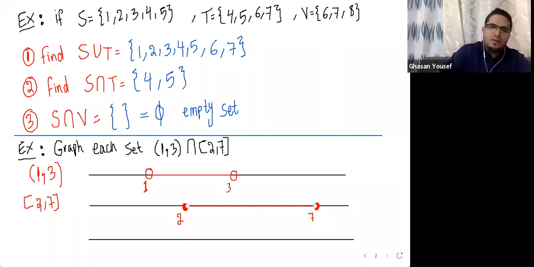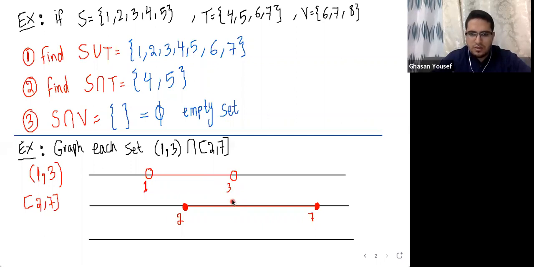Okay, so now the intersection: all common elements or values between these two intervals. The common values, it looks like, start at 2. It's a common value between the two intervals, and all these values here until 3, only until 3.